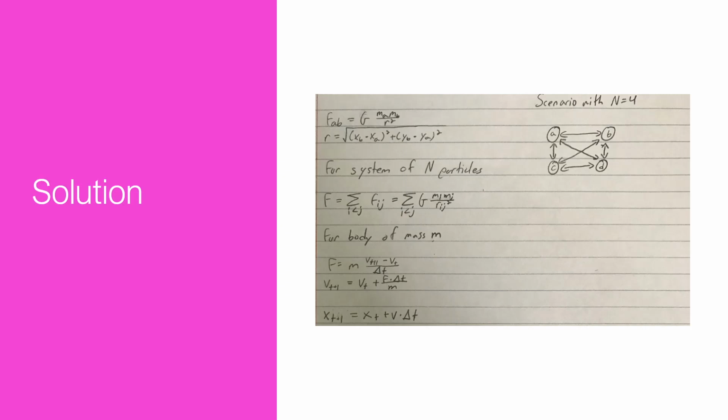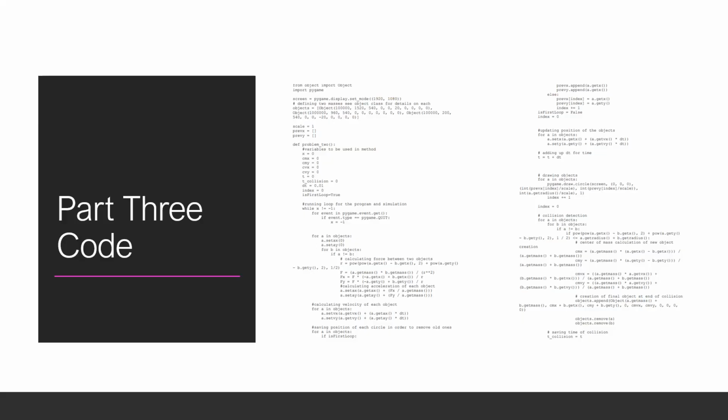planets, which, as you can see, each one would have to act on all the other ones, and you would have to account for that in your calculations. So the code is the same thing as before.